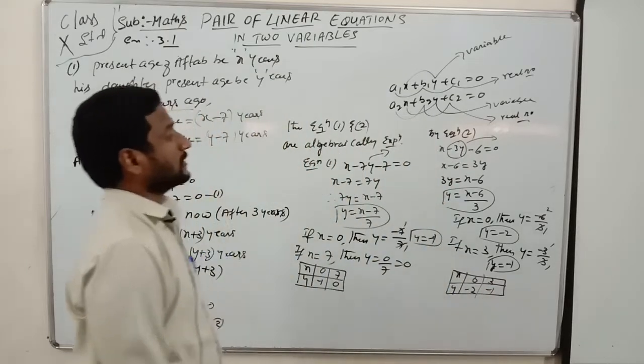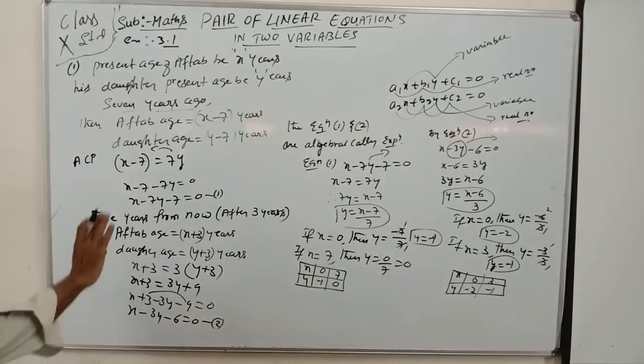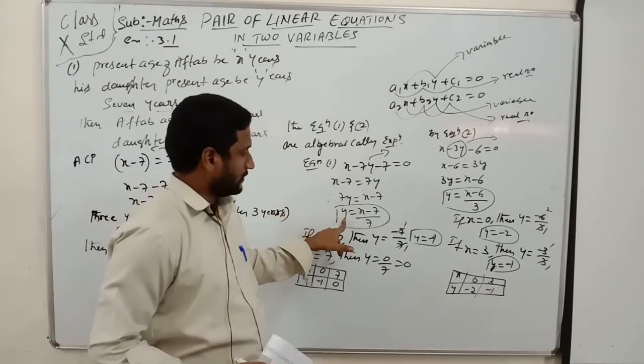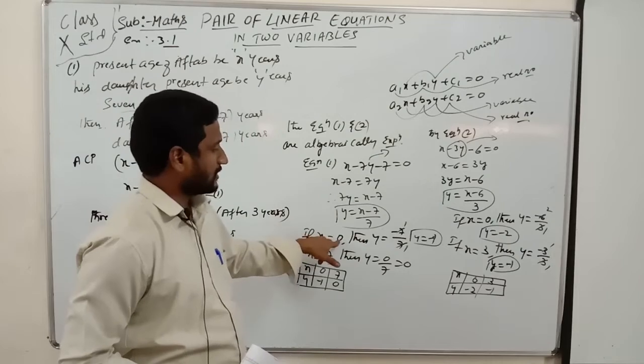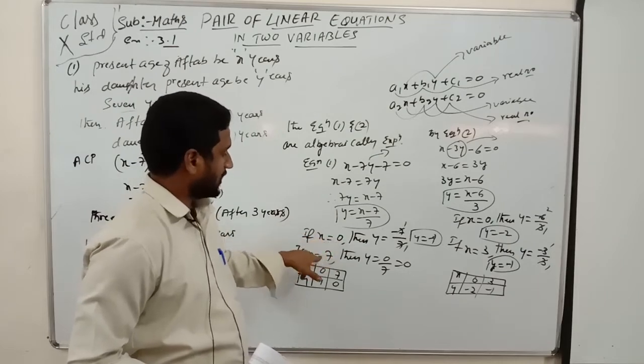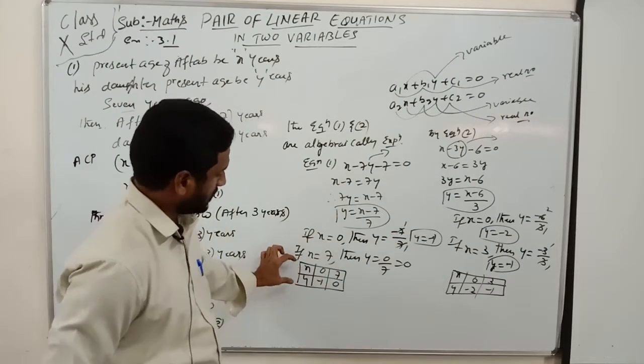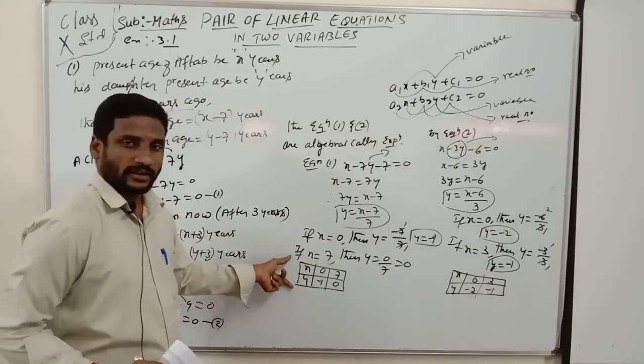Now see here, from equation 1 I prepared the y value, and in that I substituted x values. I took 2 x values and got 2 y values, and you write all these x and y values in the tabular column.